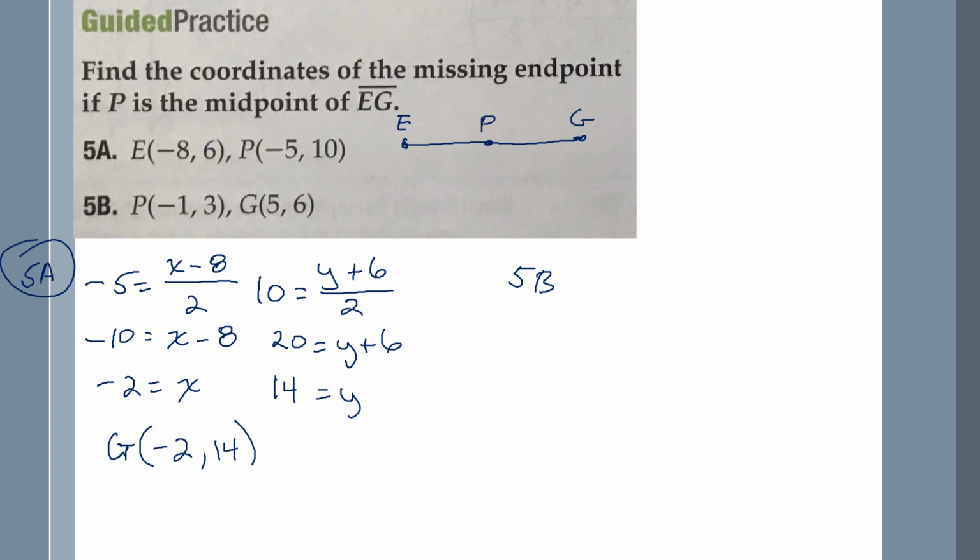So let's set it up. We're looking for x and y values for E. In the first one, I know negative 1 is equal to x plus 5 over 2. Multiply each side by 2, I've got negative 2 is equal to x plus 5. Subtract 5 from each side. Negative 7 is equal to x.